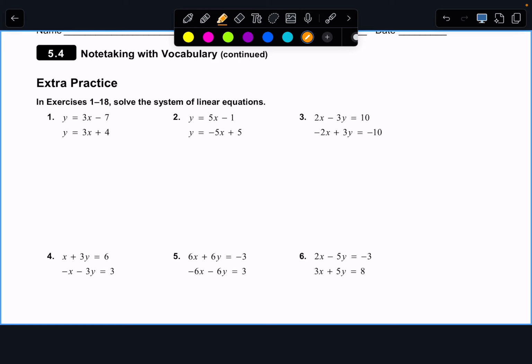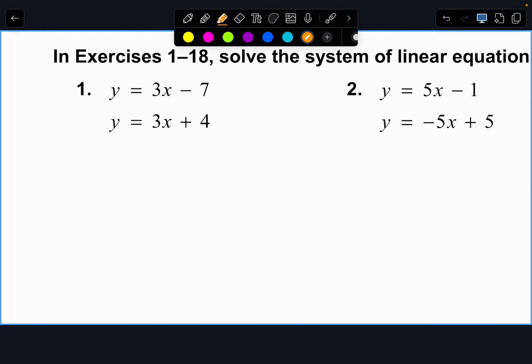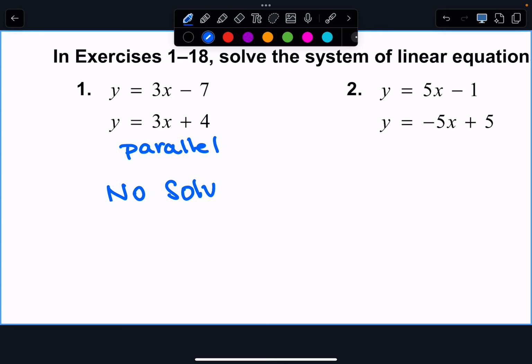Those are both in y equals mx plus b form. What's the slope on both of them? 3x. Is the y-intercept the same? No. So we know right here that these are parallel lines. So there would be no solution.